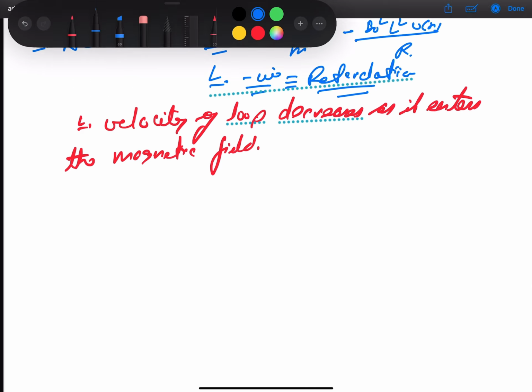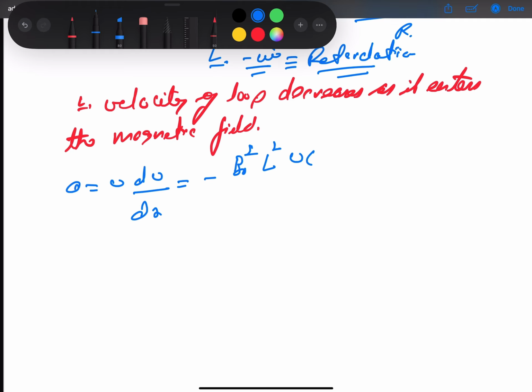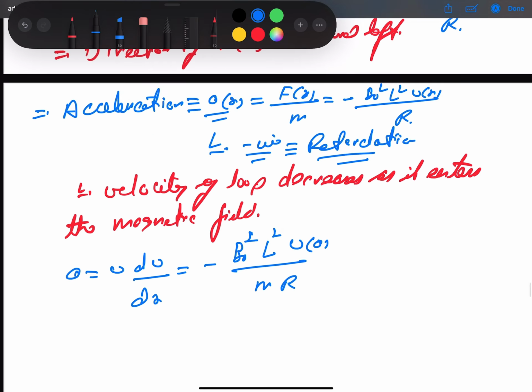We can write that our acceleration A can be written as v dv by dx, and this will be equal to minus B naught square L square v of x divided by mass into R. Here there has to be mass also.